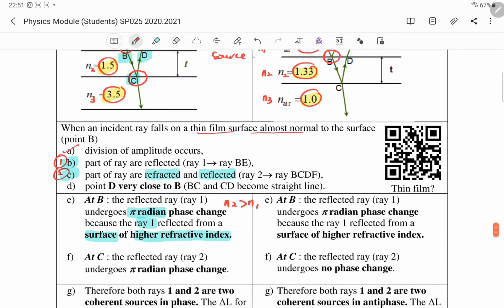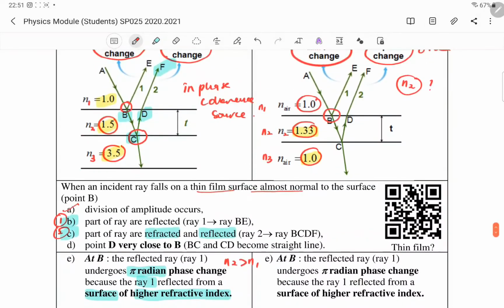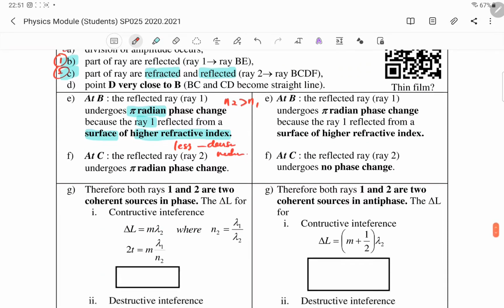Okay, at C, the reflected ray undergoes pi radian phase change because from less to denser medium. Therefore both ray 1 and ray 2 are two coherent sources.